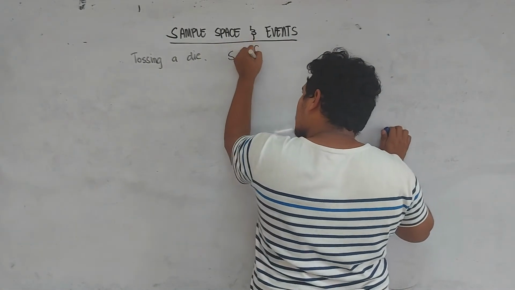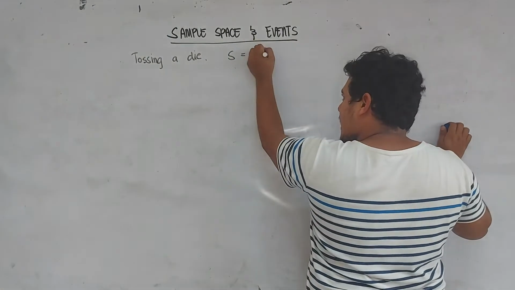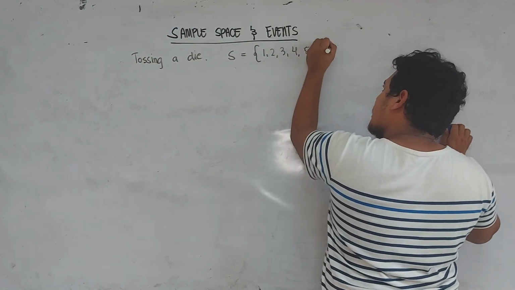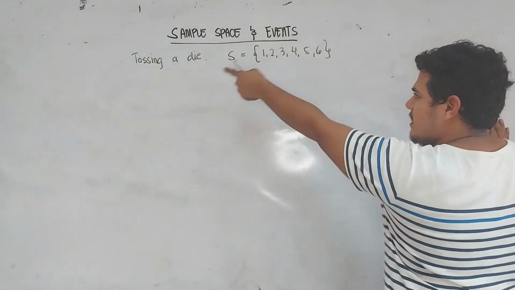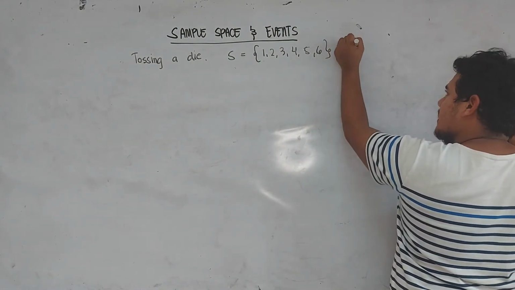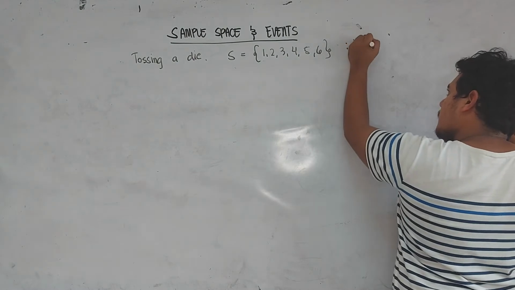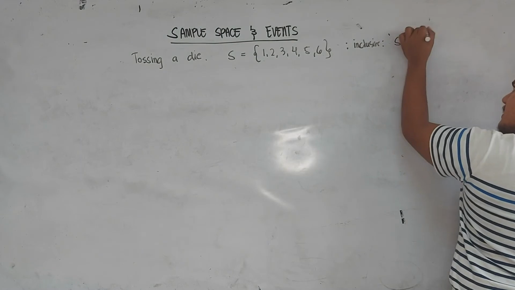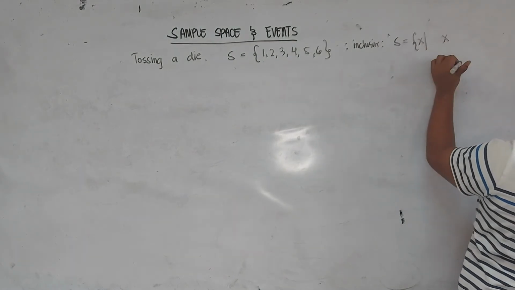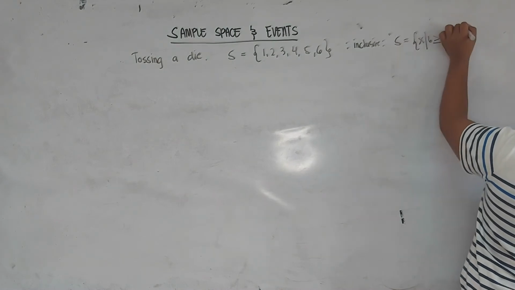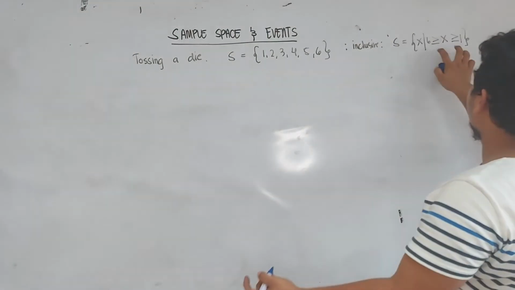S is equal to 1, 2, 3, 4, 5, 6. There are 6 sides of a die. Next one, what is our set builder notation, inclusive? That is, S is equal to X such that X is greater than or equal to 1, less than or equal to 6. And inclusive, appeal silang duha.